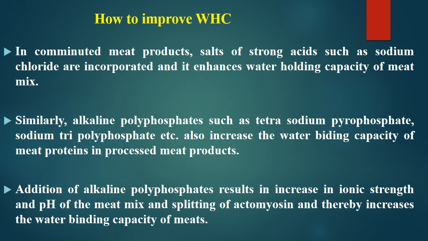This addition of alkaline polyphosphates results in an increase in ionic strength by increasing the pH of the meat mix and also by splitting of actomyosin, and thereby increases the water binding capacity of meat. So polyphosphates increase the pH and ionic strength and also split the actomyosin which is formed during rigor mortis. Thereby it increases the water holding capacity and it can increase the yield and juiciness.